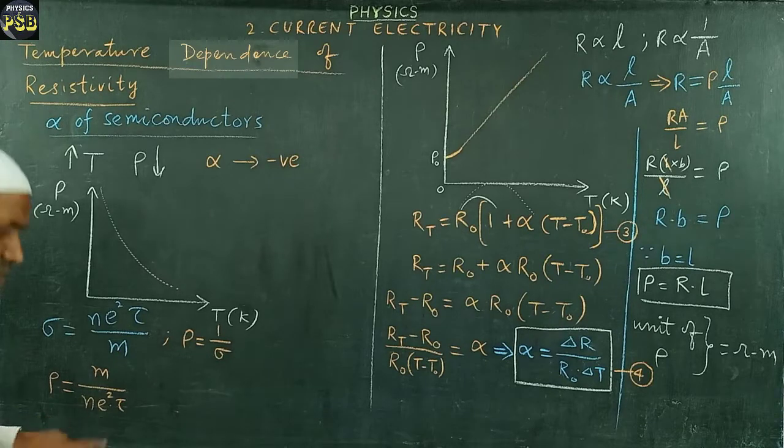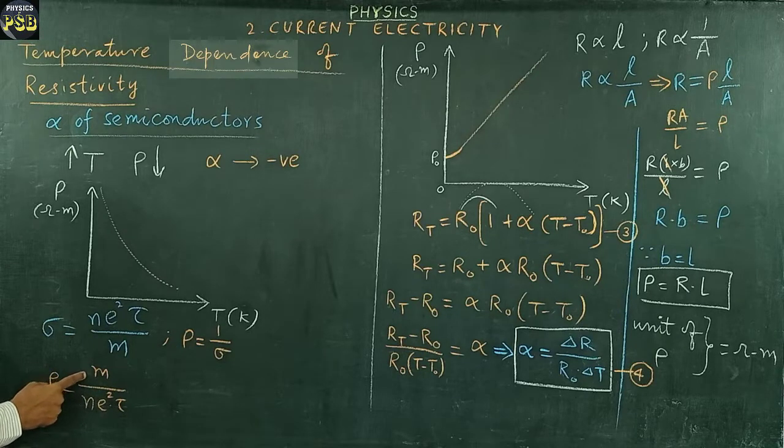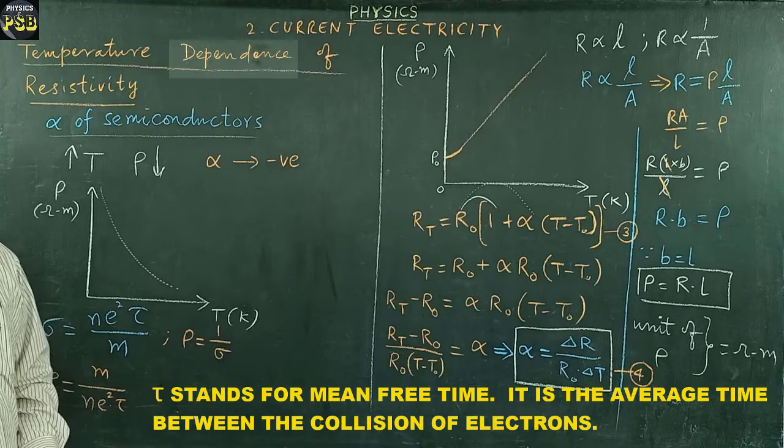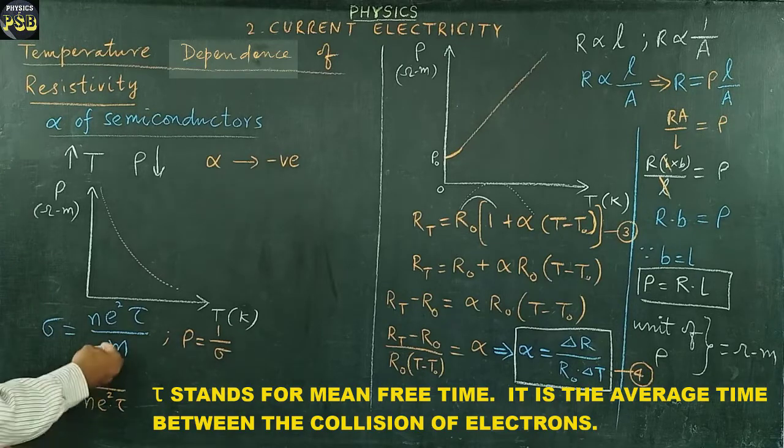If you look at this equation carefully, m is mass, which is a constant, and e is the charge of electron, which is also a constant, whereas n, the number of electrons, and tau, mean free time, do not remain the same, so they are variable.